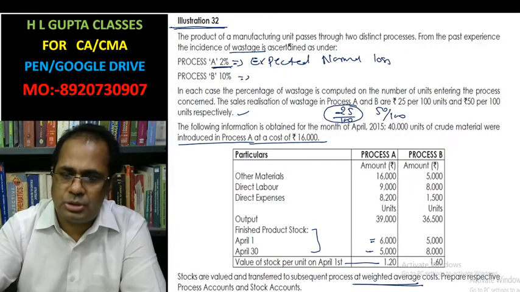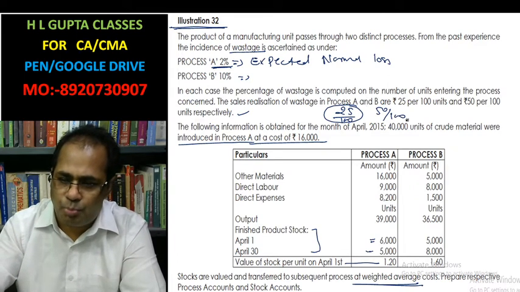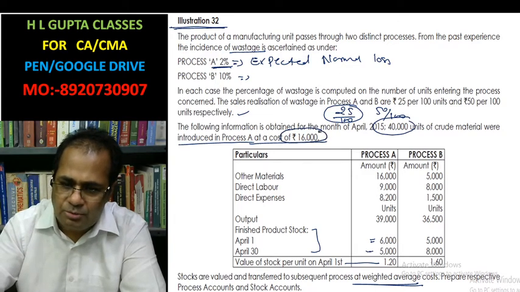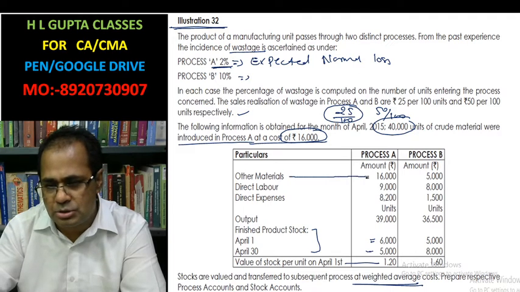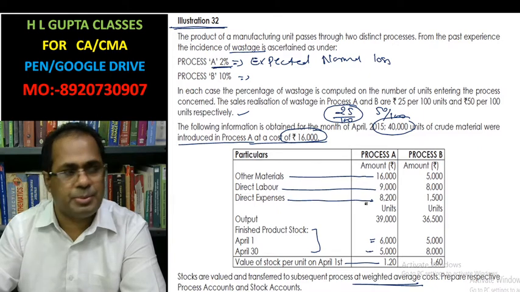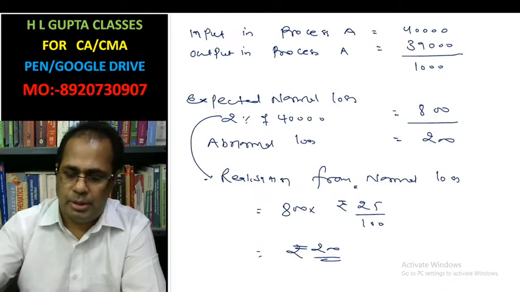In the given question, 40,000 units of material are introduced at a cost of 16,000. Additional raw material is also at a cost of 16,000. Direct labor is at a cost of 9,000. Direct expenses are at a cost of 8,200.